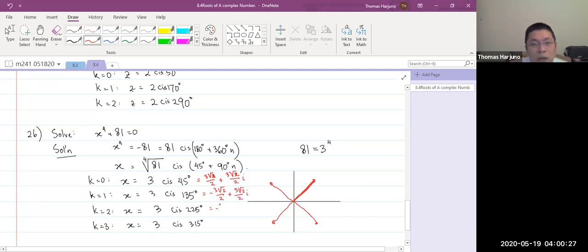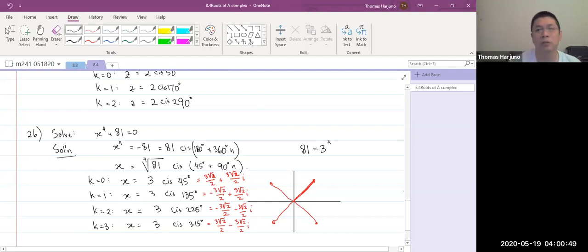This will be negative 3 radical 2 over 2 minus 3 radical 2 over 2 i. This is 3 radical 2 over 2 minus 3 radical 2 over 2 i. So just work it out, and when you work it out, you will see these are the answers.